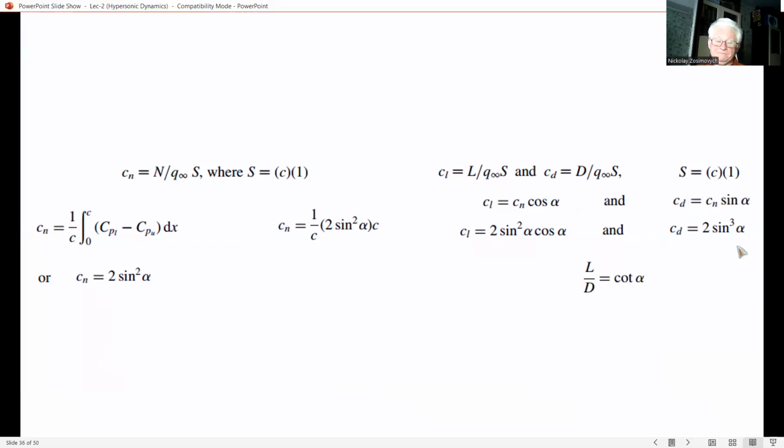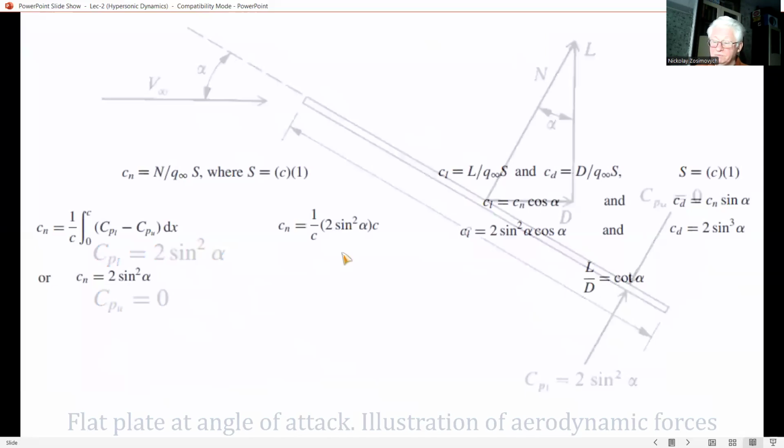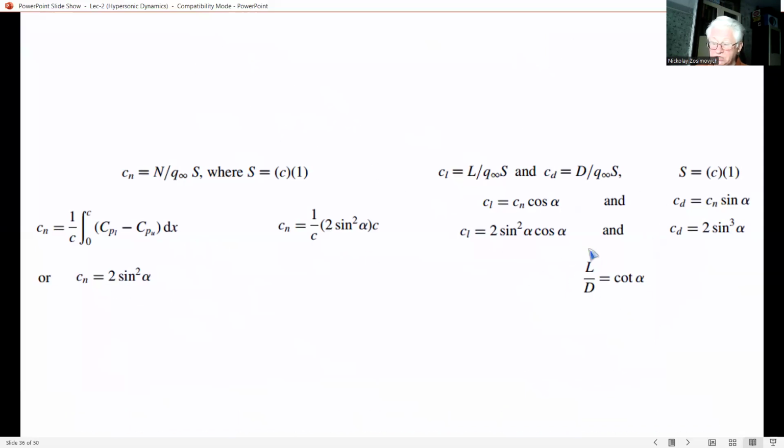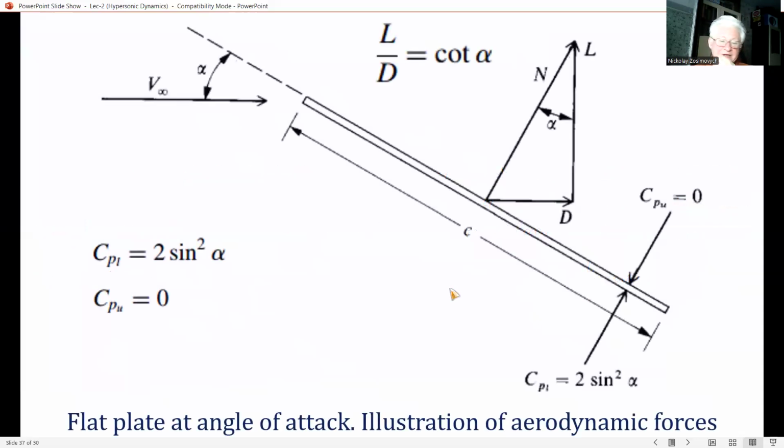And finally, from the geometry of the previous slide, the lift to drag ratio will be given by L over D, the lift to drag ratio, as cotangent of alpha. Right? But you should know that this equation is the general result for inviscid flow over a flat plate.